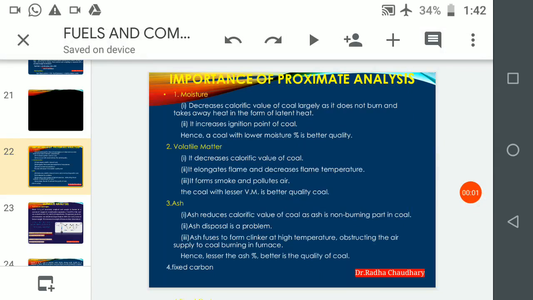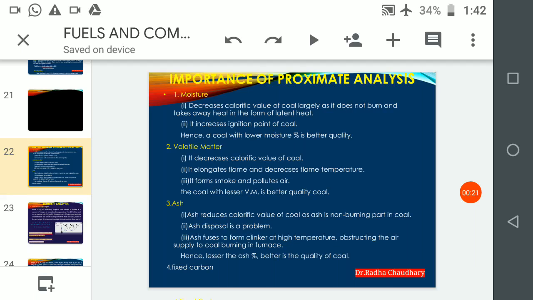It is undesirable due to the following reasons: it reduces the calorific value of coal.